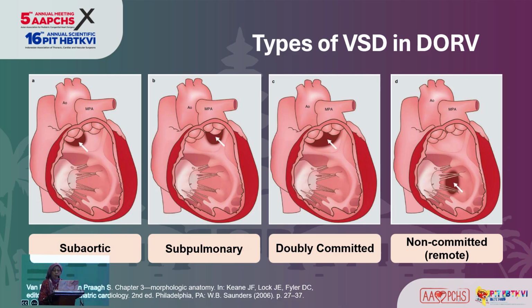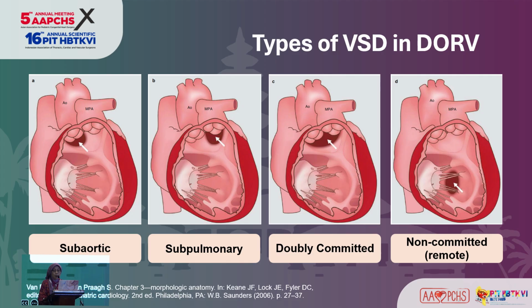In double outlet right ventricle, the type of VSD is crucial because it determines both physiological and surgical strategy. Subaortic VSD directs left ventricular flow to the aorta and usually allows for a straightforward biventricular repair with an intracardiac baffle. While subpulmonary VSD, or Taussig-Bing anomaly, routes blood into the pulmonary artery, creating physiology similar to transposition.